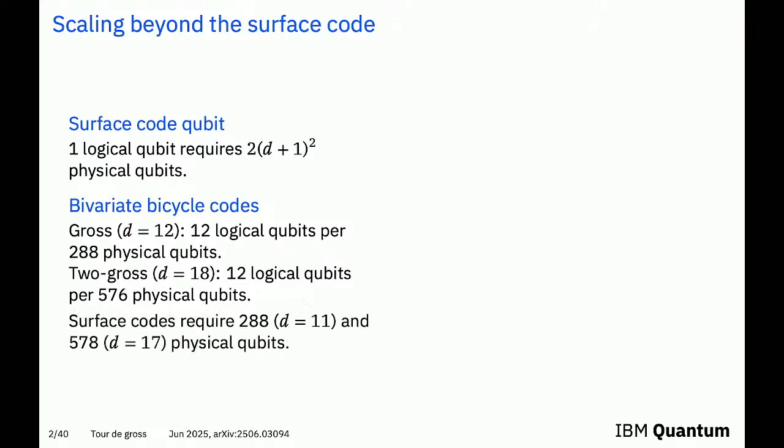If we compare that to the surface code, which encodes 1 qubit, that requires also 288 physical qubits at distance 11, and 578 at distance 17. I guess I did the math a few days ago. So we get roughly an order of magnitude more logical qubits for our physical qubits.